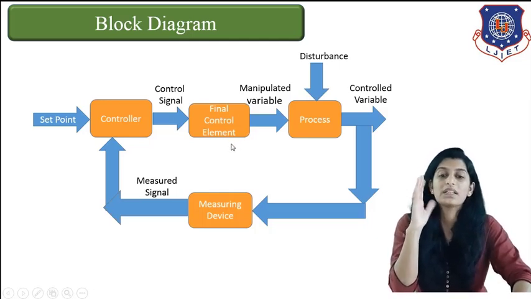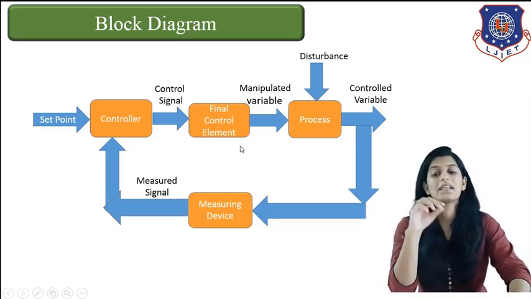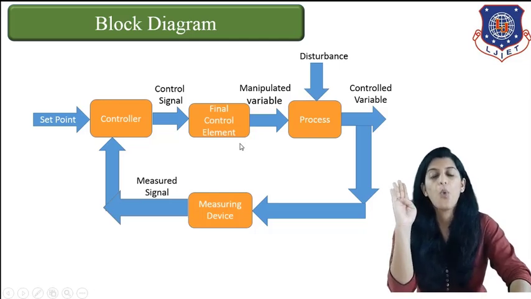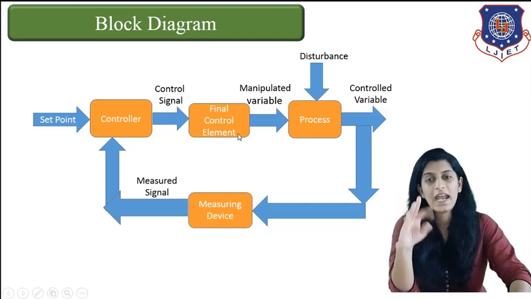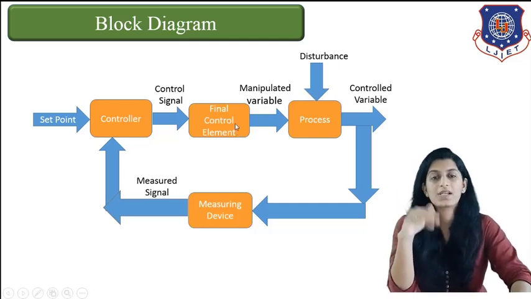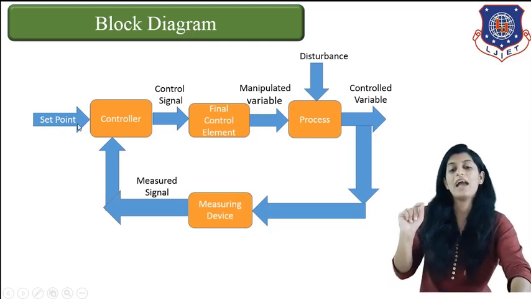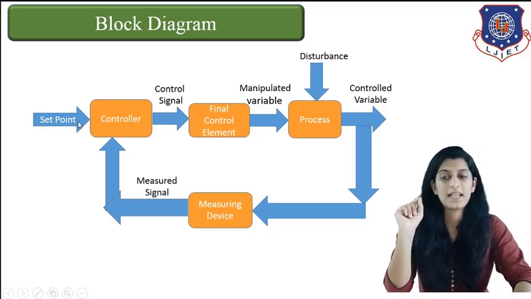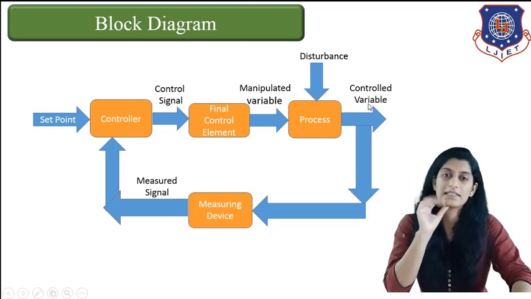Now, what is the duty of the final control element? The duty of the final control element is to take the desired action. Depending on our situation, it will decide what kind of action has to be taken. Suppose our set point or desired value is 60 degrees centigrade and our output is coming to be 55 degrees centigrade.